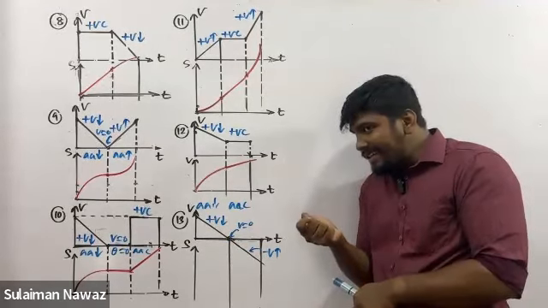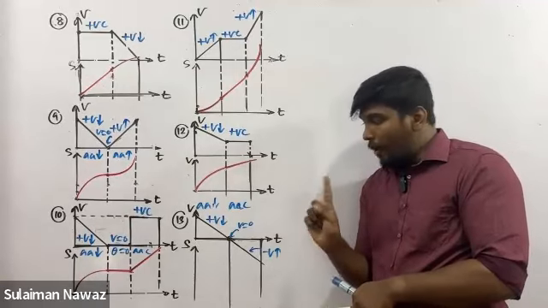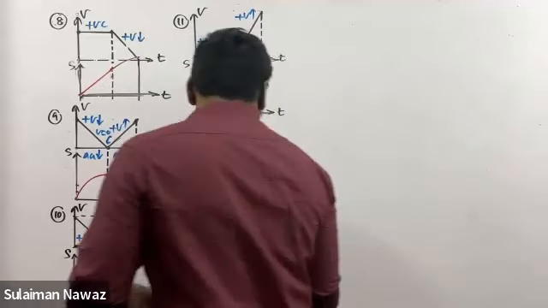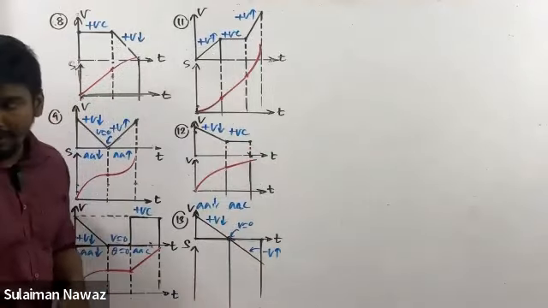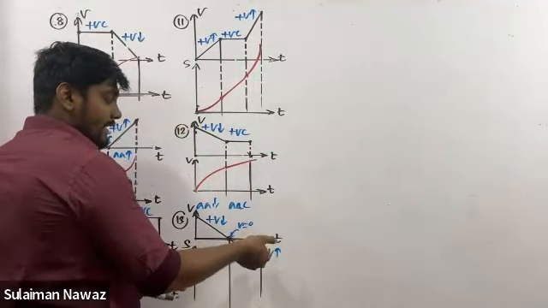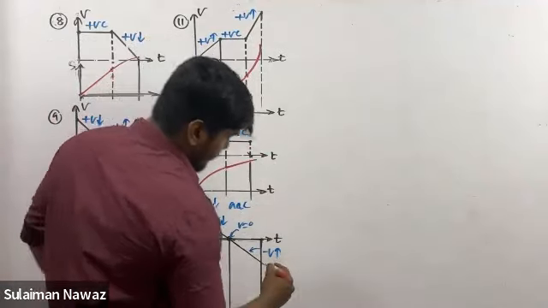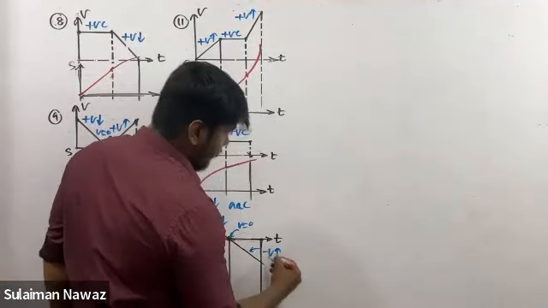Negative gradient increases means obtuse angle decreases. Now this point is important. So obtuse angle must be decreasing, okay?